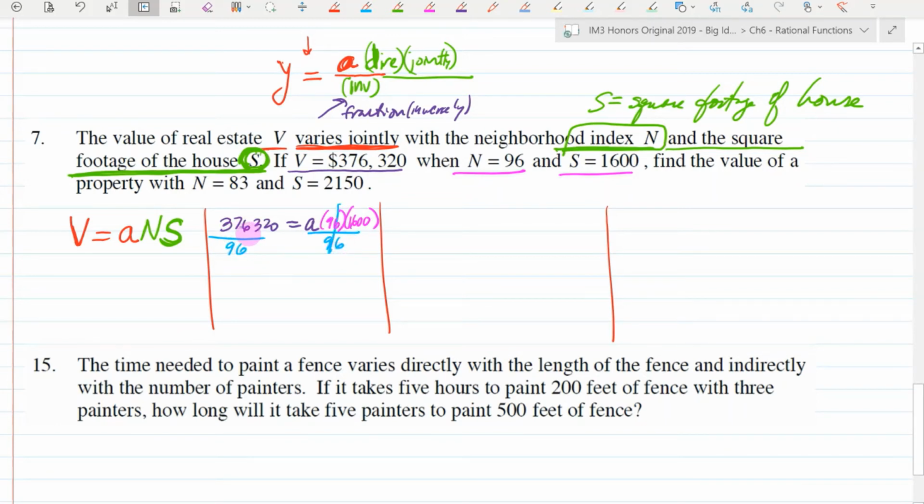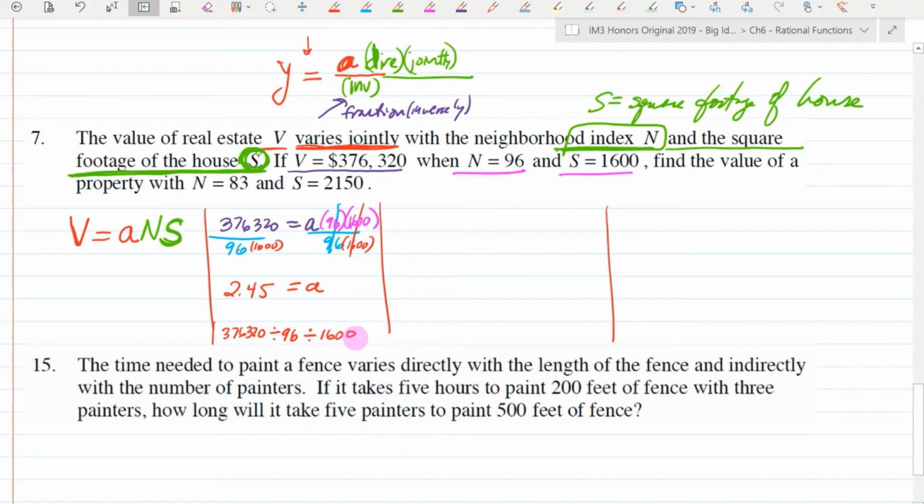So you just put 376,320 divided by 96, and then divided by 1,600. You're going to do that separately, and you should get 2.45 for A. So again, in your calculator, 376,320 divided by 96, and then divided by 1,600.